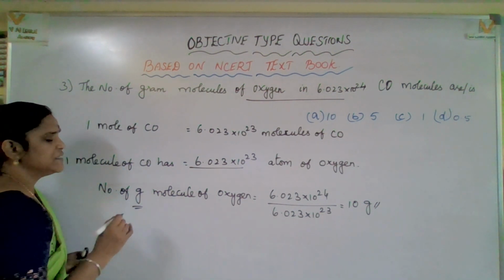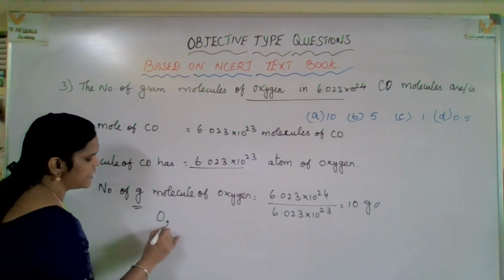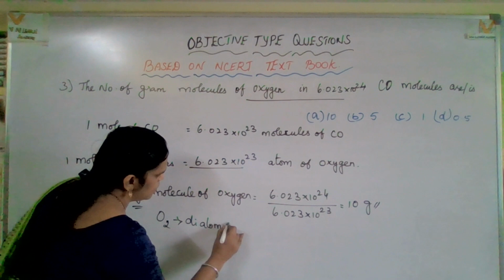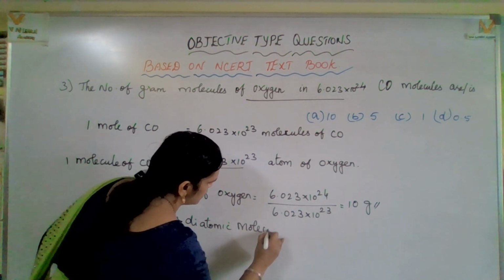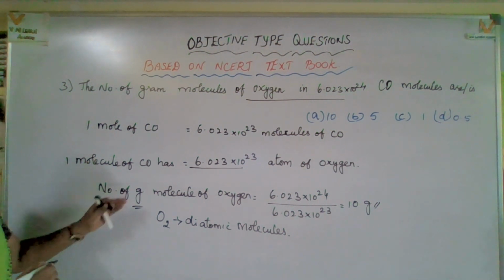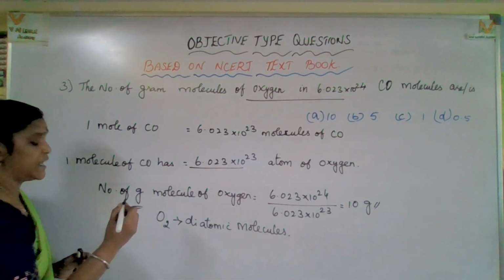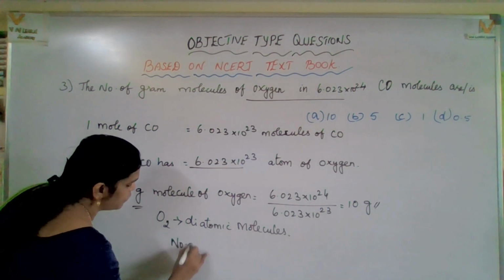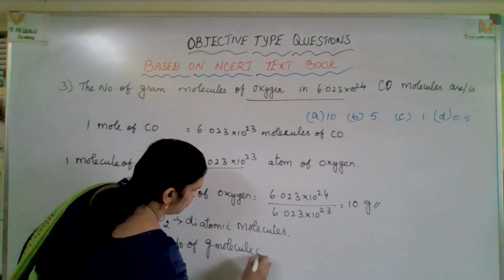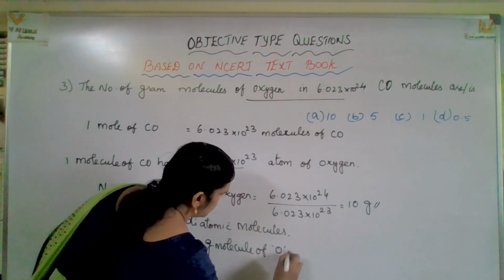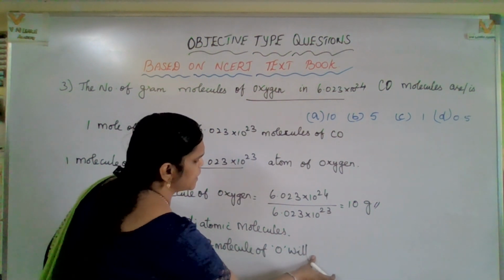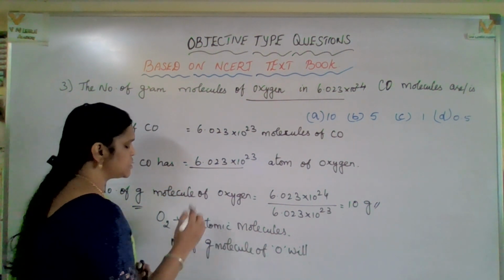Okay, now here generally oxygen it's a diatomic molecule, right? So in this way if we consider, the number of gram molecules of oxygen, that means here number of gram molecule of oxygen will be, see, here actually what it is, per head. So that means 2.